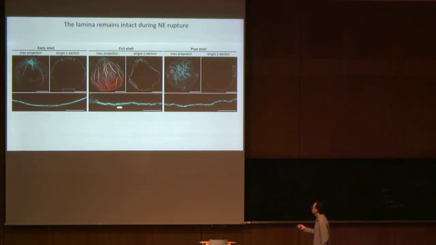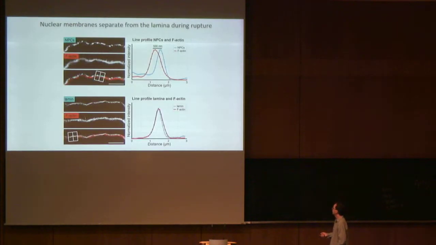And we could show that during this whole process, when the small dextran enters, when the large dextran enters, the lamina at the level of light microscopy is still intact. It's still there, and it forms a continuous network throughout this breakdown process.